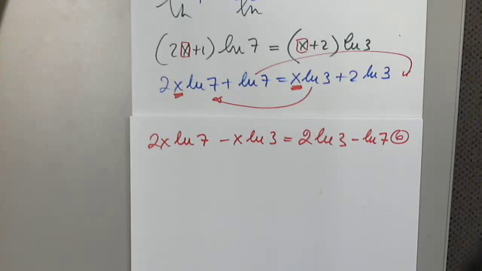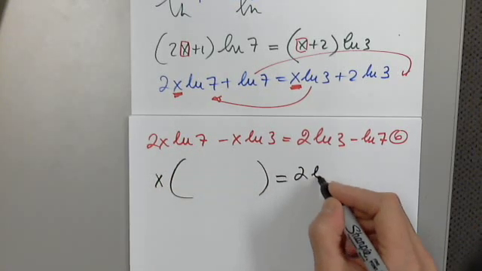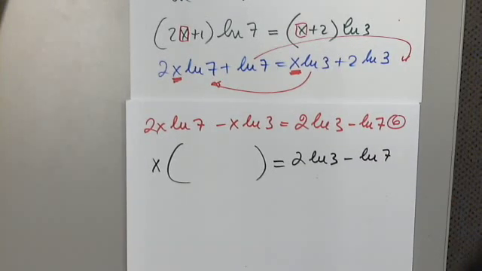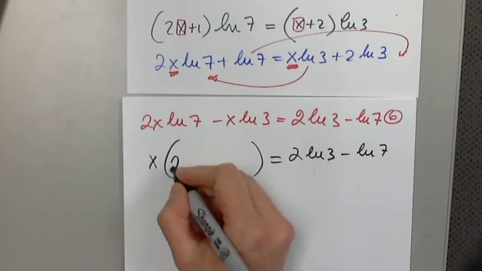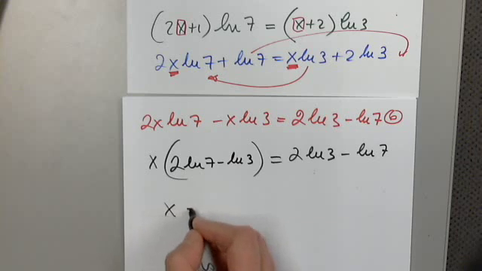Factor out the common factor. Very good. Awesome. What is left in parentheses? Very good. Now we are ready to do what? What operation now?